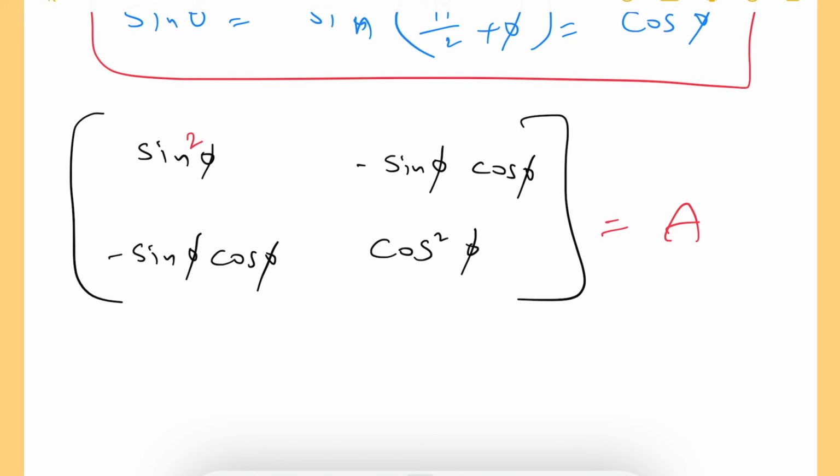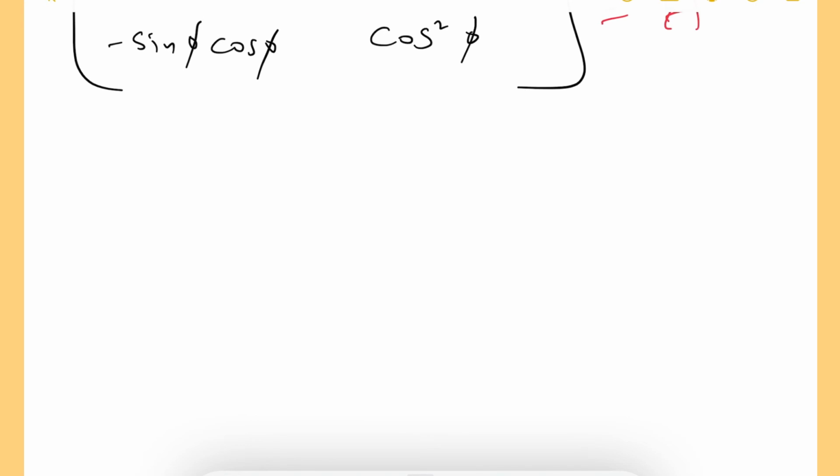Now I am keeping the B value as it is; I am not changing anything in B. Let us find the value of A into B, AB.